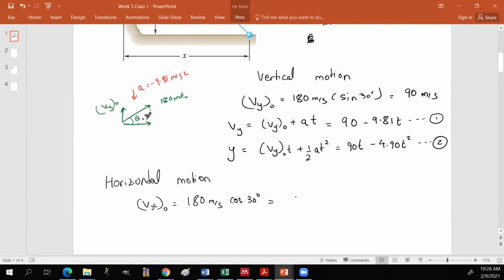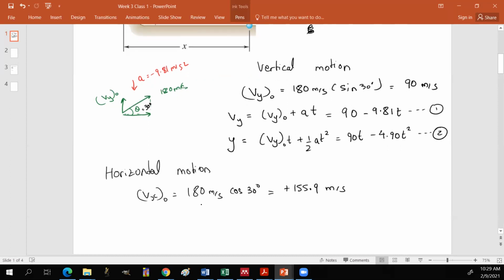I got 155.88. All right, so if we go with 155.9, that's good. Let's go with that. And we know that your position x is equal to Vx naught times t, and that is just equal to 155.9 times t. Let's call this expression 3.